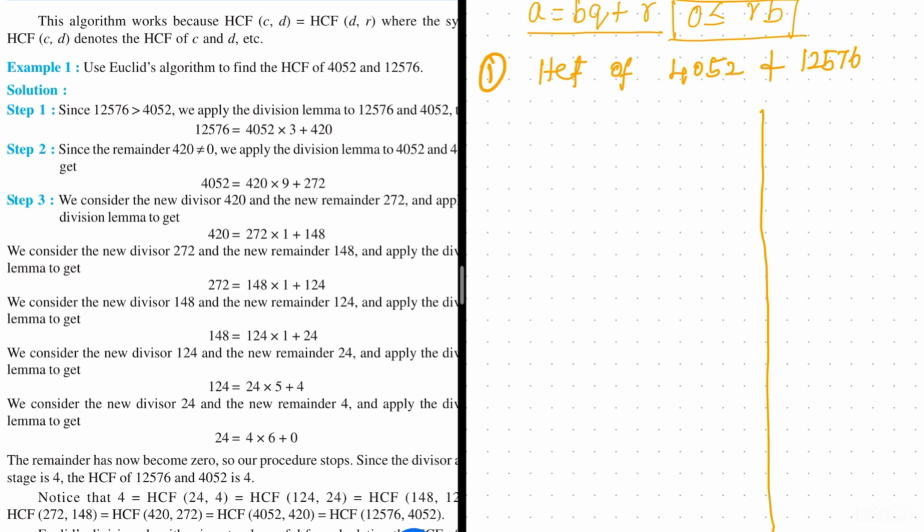So here for calculating HCF, the larger number is to be taken as A and the smaller one is to be considered as B. So using these two numbers, we have to substitute them in the lemma, that is 12576 is equal to 4052 into q plus r.